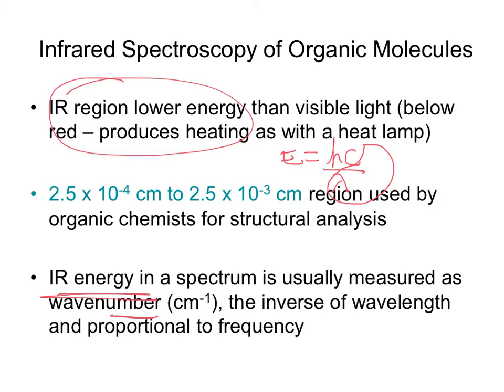When you read the spectrum, it is read in centimeter inverse. So energy is equal to h, Planck's constant, times c, the velocity of light, times 1 over lambda, which is lambda bar. Since these two are constants, energy is proportional to lambda bar, and energy was also proportional to the frequency. That means these two are proportional to each other.